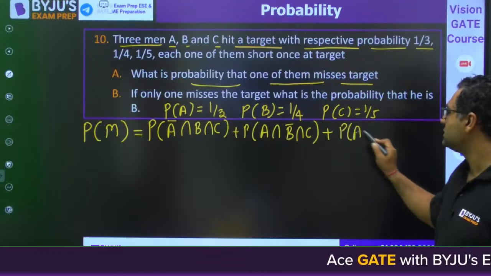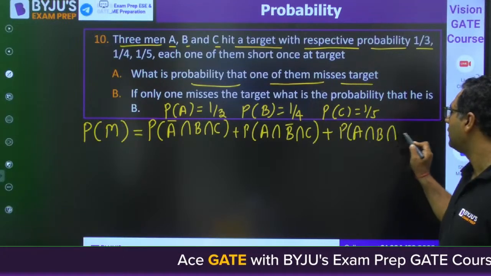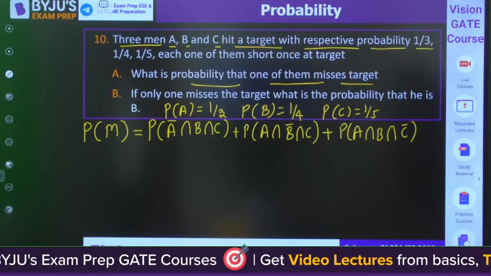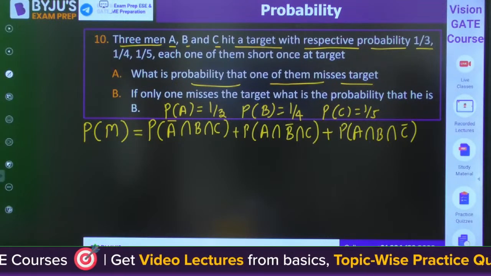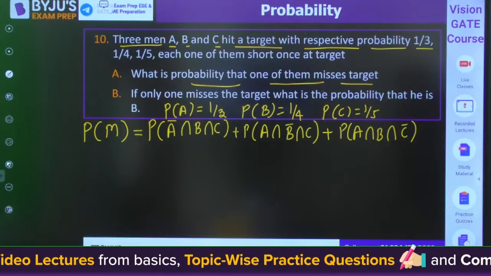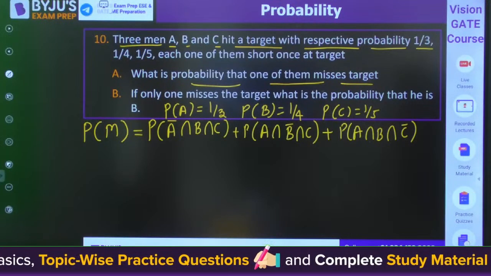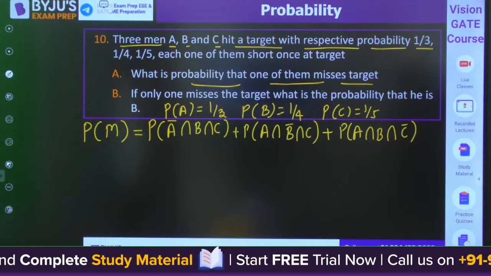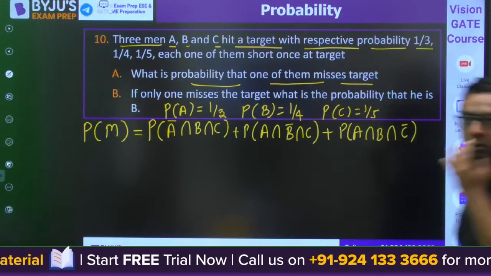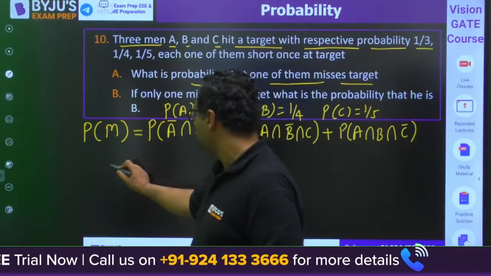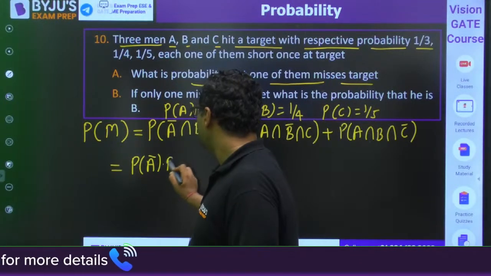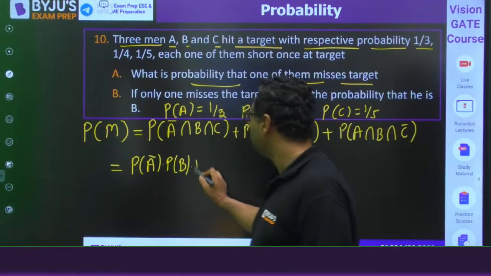Probability of C misses the target, A and B do not. If they are independent, probability of A bar, probability of B, probability of C.